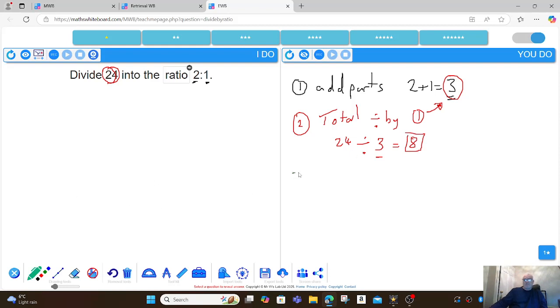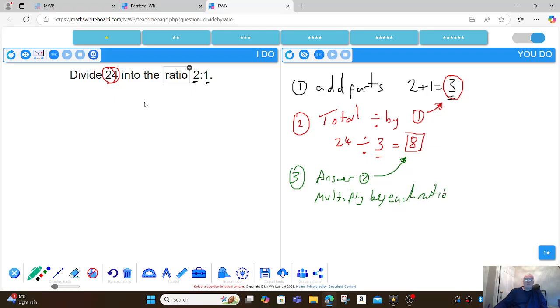Step 3. Okay, I take the answer to part 2, which is 8, and I multiply it by each ratio.